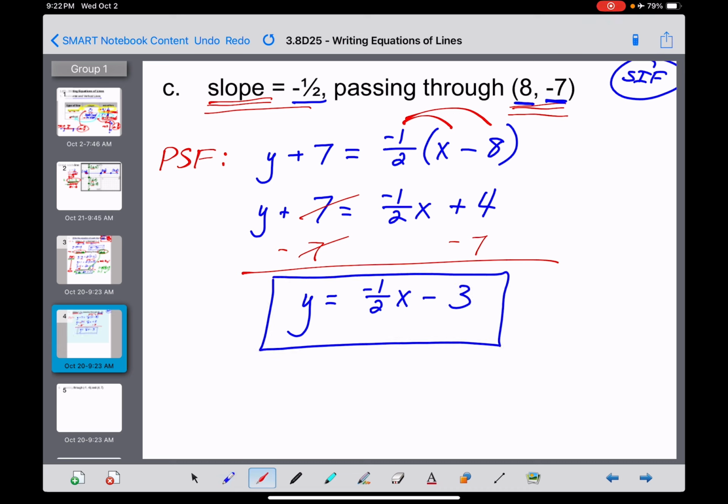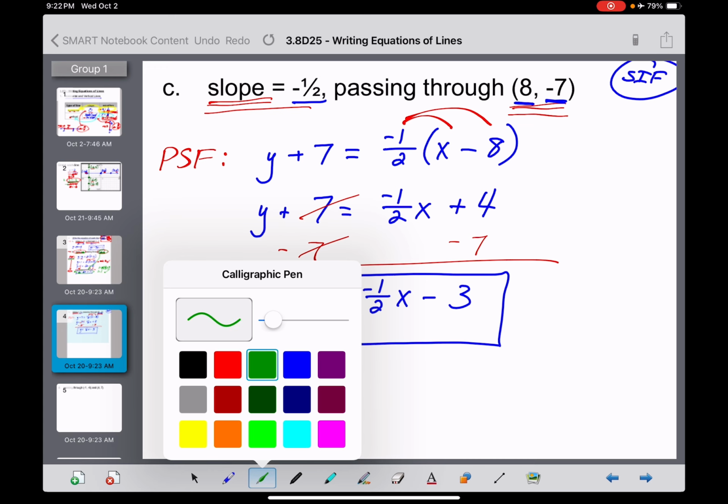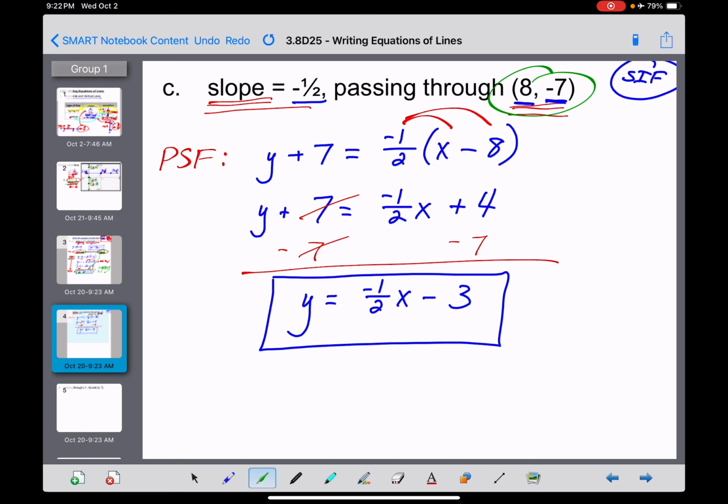So I believe that's the right answer, but let's check it by taking this ordered pair and plugging it back in here and making sure it works. Our y value here is going to be -7. That's going to equal -1/2 times an x value of 8, and -3.